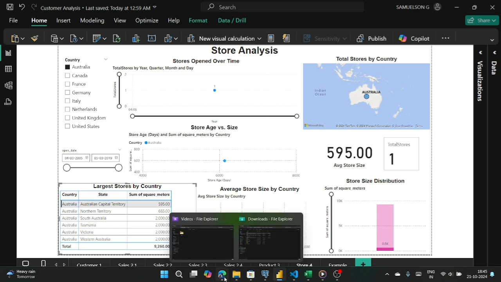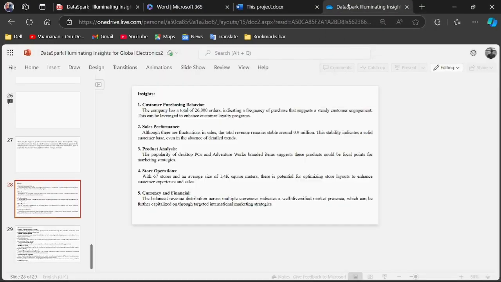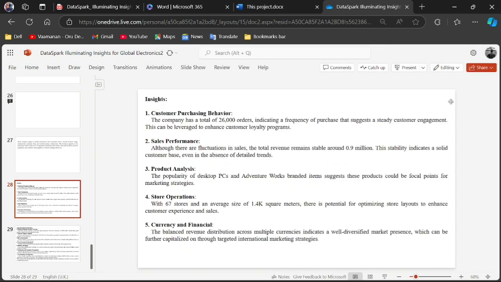What we get from this is the main point. This is just an explanation. What we get from this, right? That's the main point here. That's the business analysis. These are the insights we got from this. From analyzing the visualization, we got customer purchasing behavior.